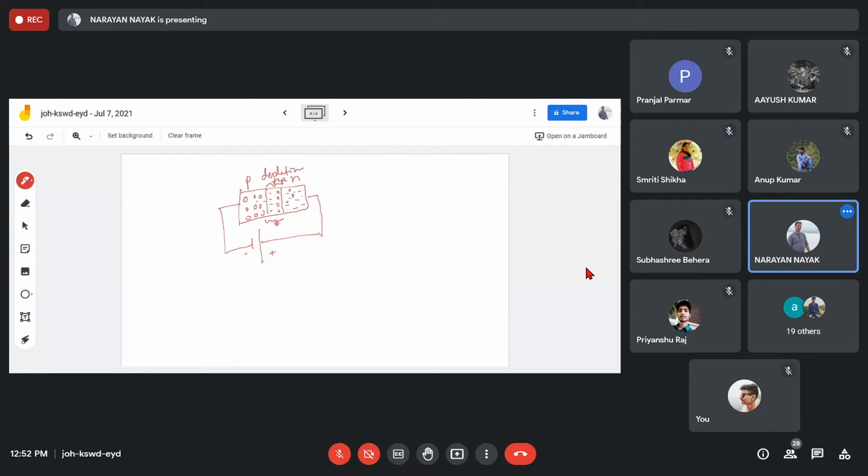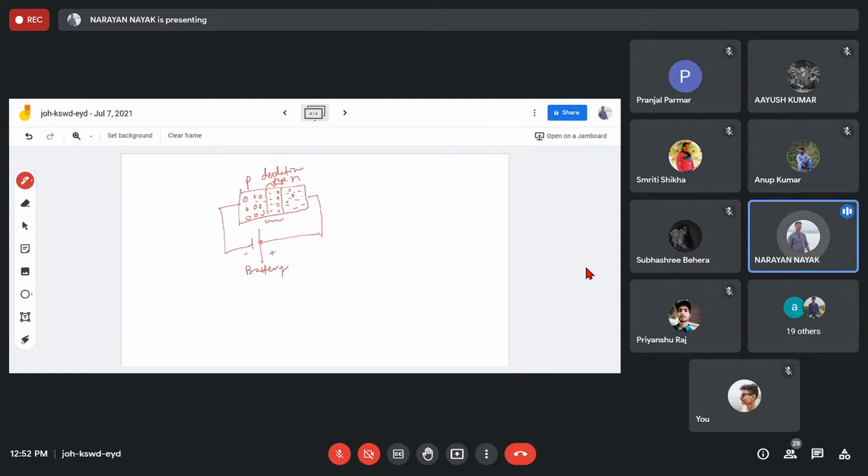Okay. So what will happen if you supply, this is a battery. Now this is connected in reverse bias condition. How? Because the negative terminal of the battery is connected to the P type material and the positive terminal of the battery is connected to the N type material. Okay.